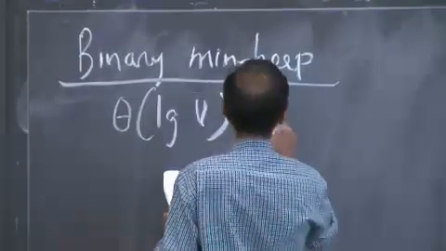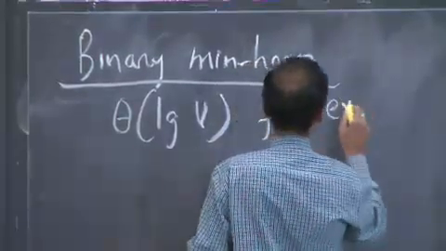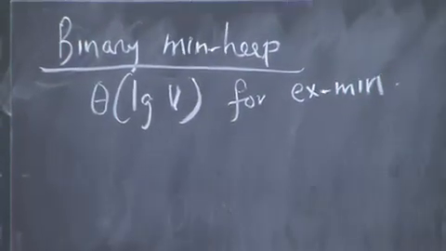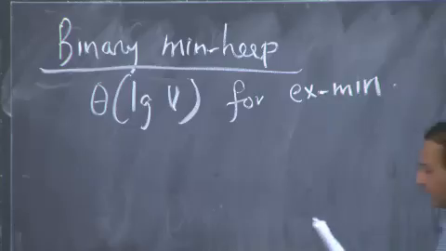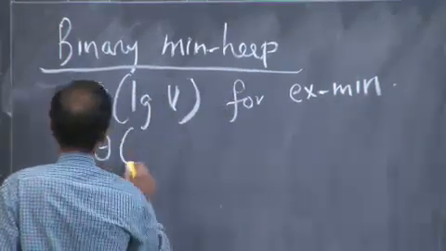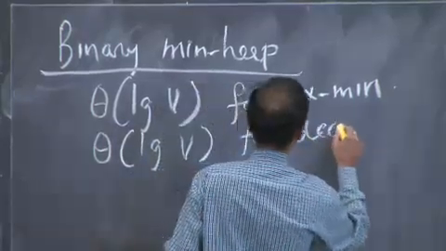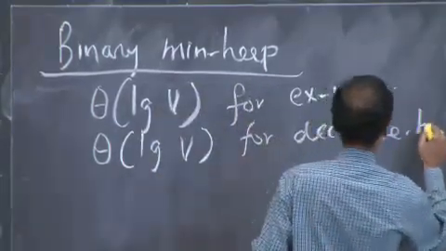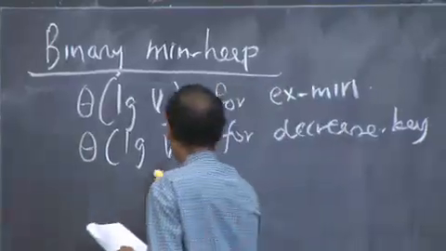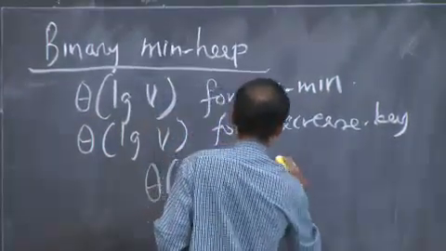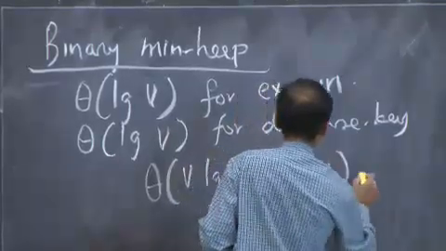But we know that if you want to update the heap and delete it, then it's going to take theta log V. And decrease key is the same thing, theta log V. So that's worse than an array. And if I do the multiplication again, I get V log V plus E log V. Okay?